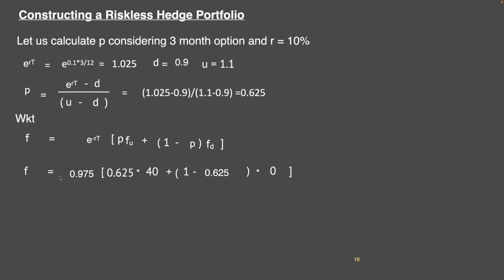So F is equal to 0.975 into 0.625 into 40 plus 1 minus P into 0. So the value of F will be 24.3. This value of 24.3 is the same as the result we calculated just before in our previous slide.